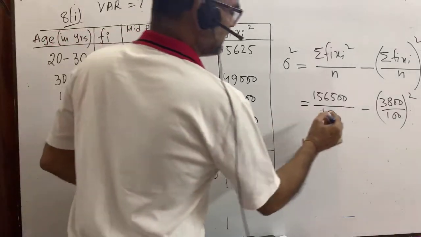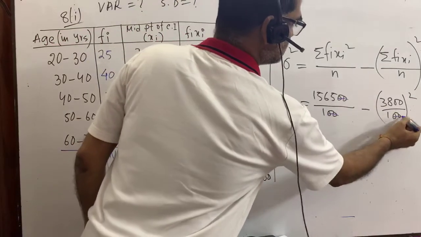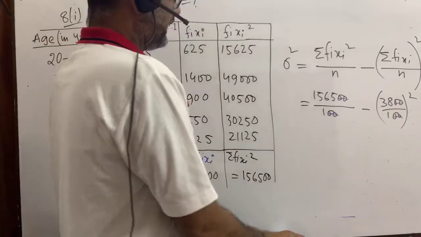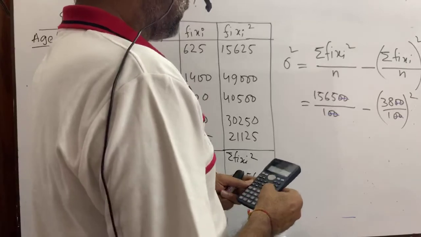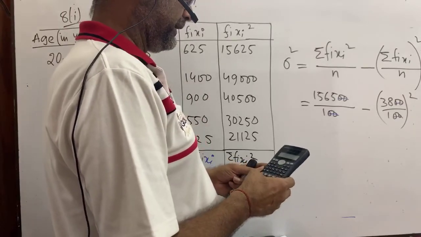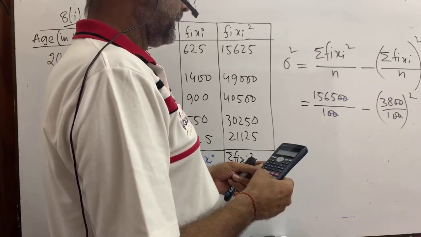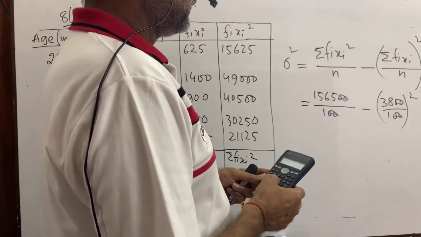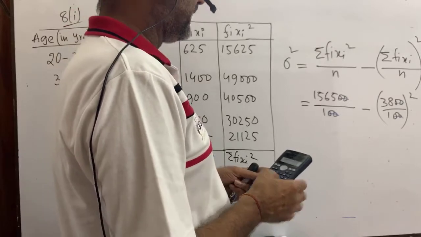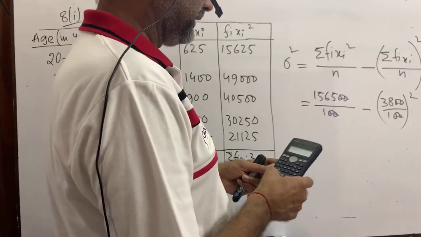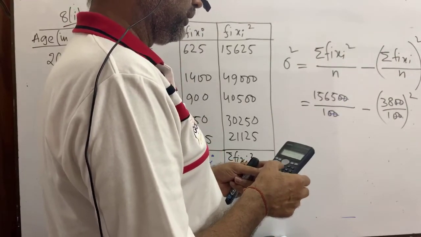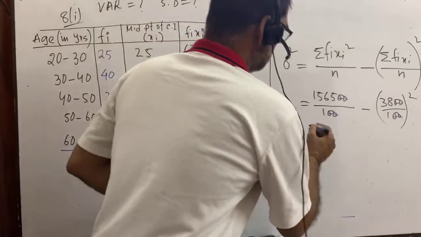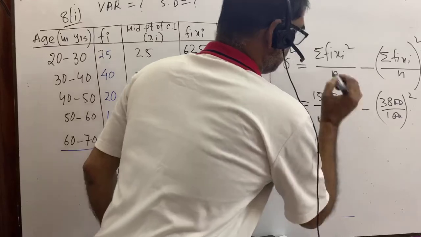Your calculation now has been very easy: 1565 minus 38 square is equal to what? 121. Yes, very good. Sigma square is 121.